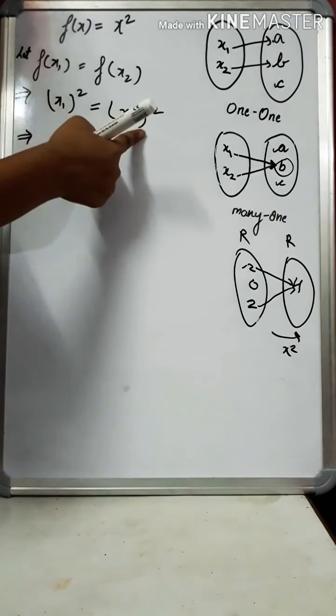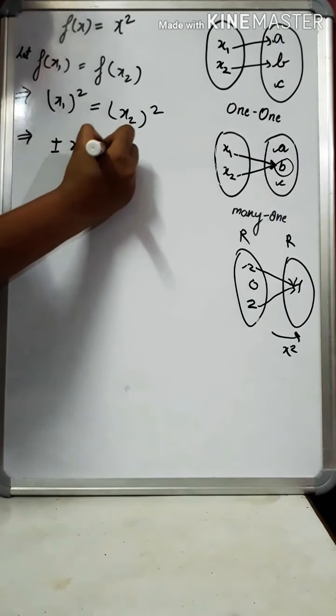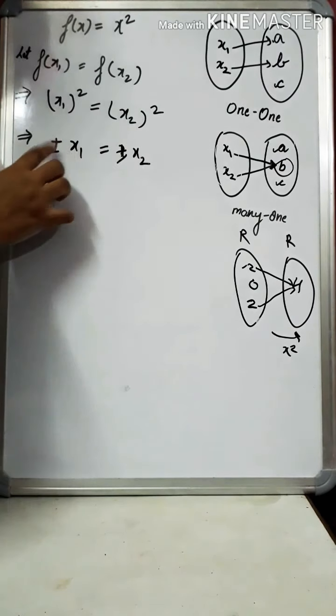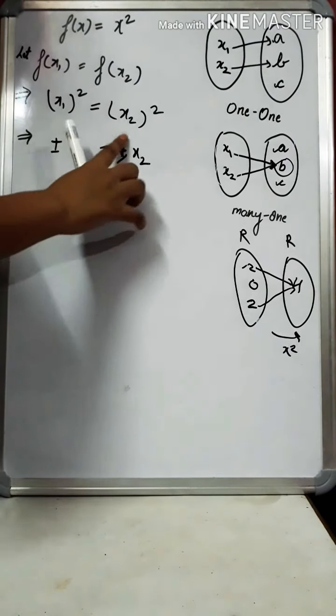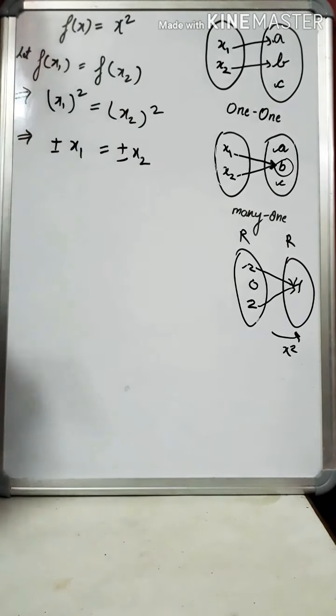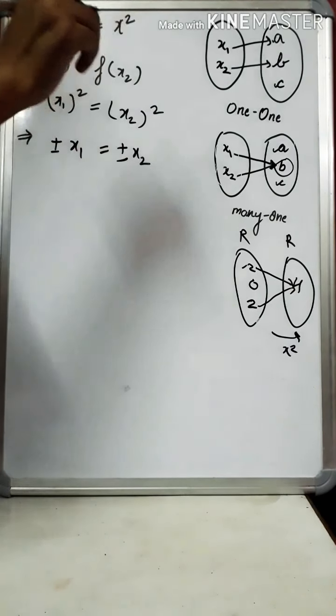So when you take square root, it becomes plus minus x1 is equal to plus minus x2. These plus minus are very crucial here. You should not be missing this. Now straight you cannot imply that x1 is equal to x2 because there are 4 combinations here.